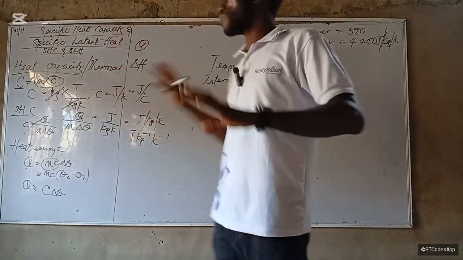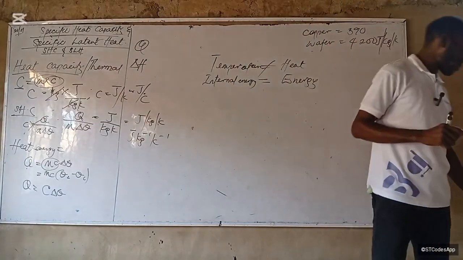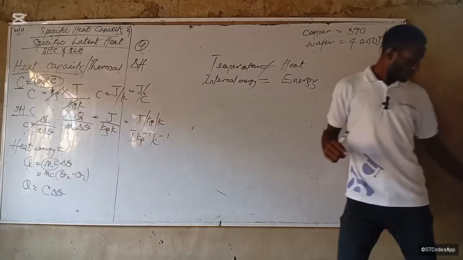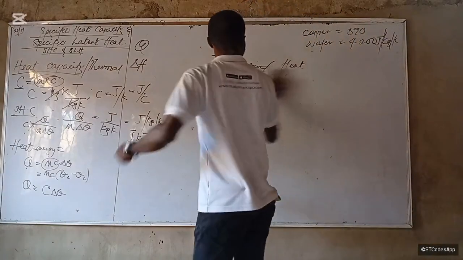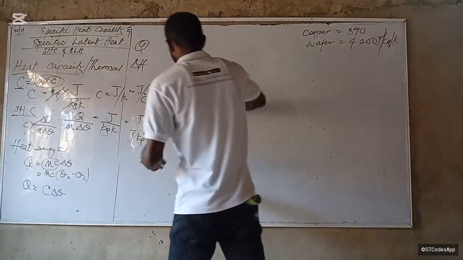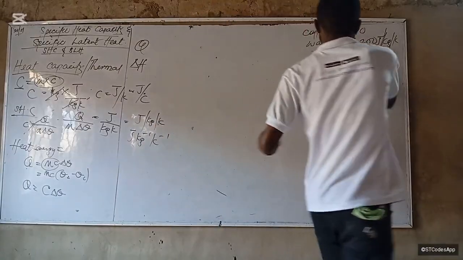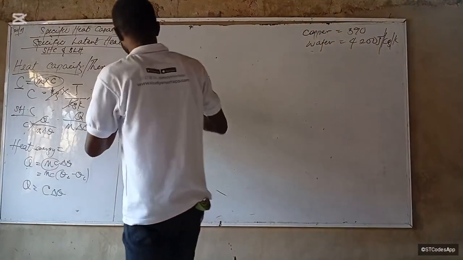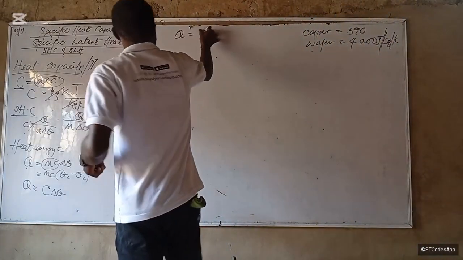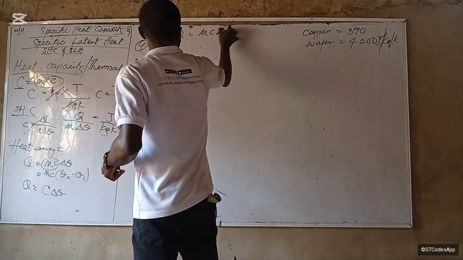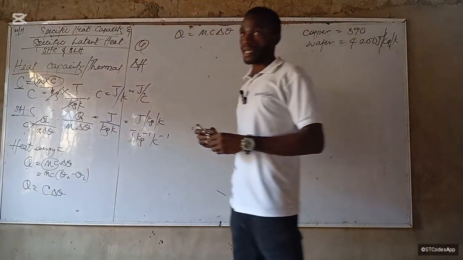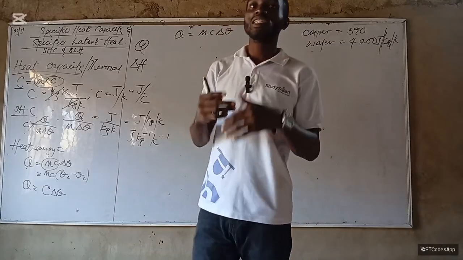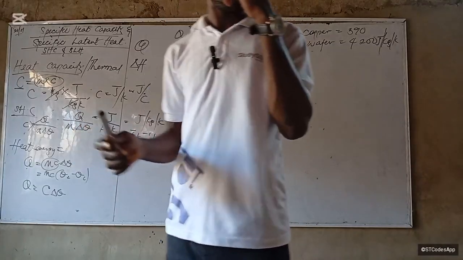The different forms of the formula I'm going to give you. So the first form that you might see is this one: Q is equal to mc delta theta. But we know that energy comes in different forms, right?